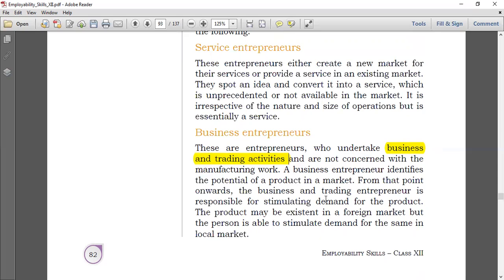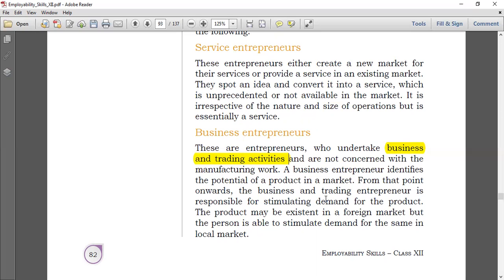So they identify the potential of the product: whatever product they are going to make, will that product stay in the market or not, right?